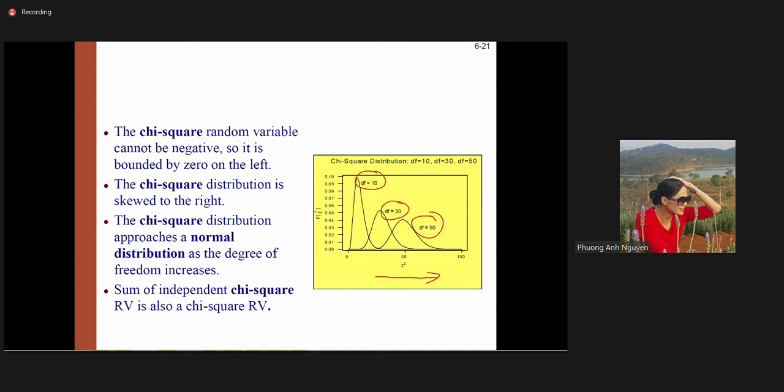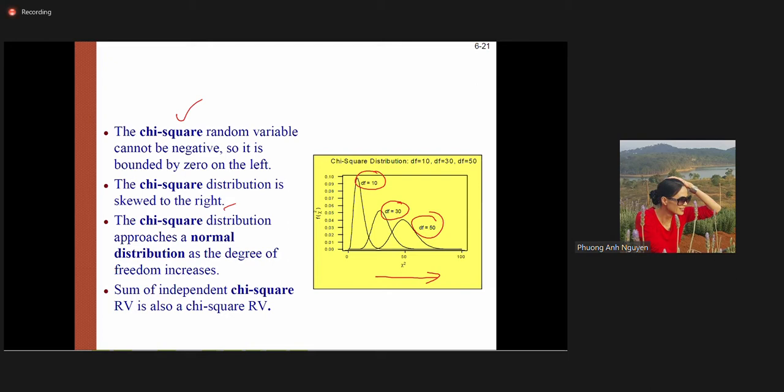So let's take a look at the properties of the chi-square distribution again. A chi-square random variable cannot be negative, so it's bounded by 0 on the left and skewed to the right. The distribution is not symmetric; the right tail is longer.